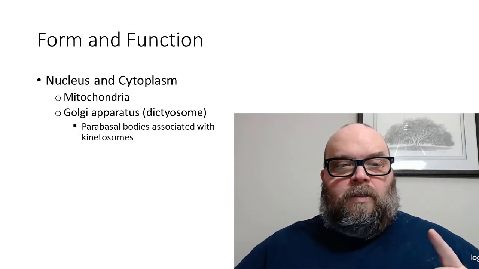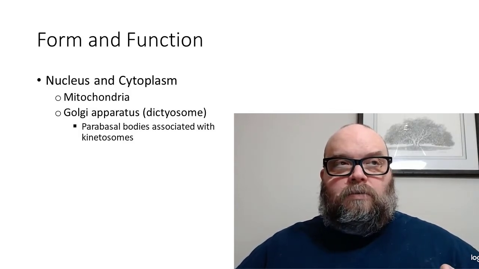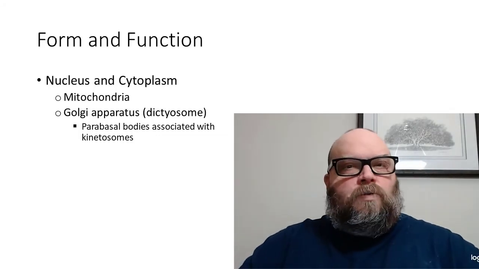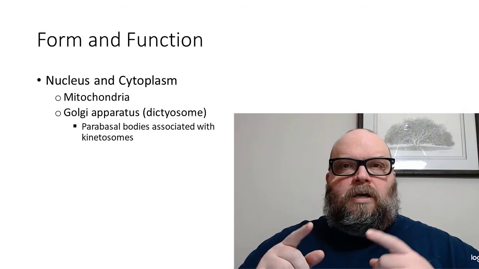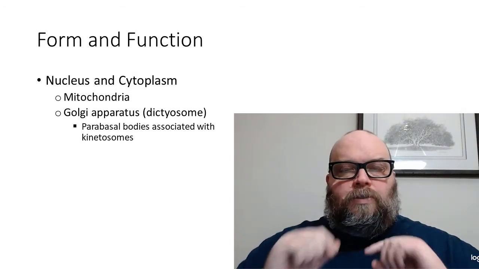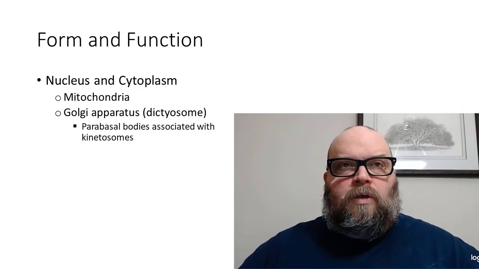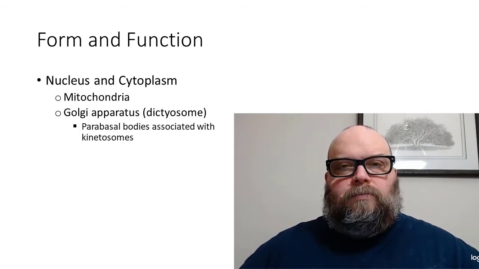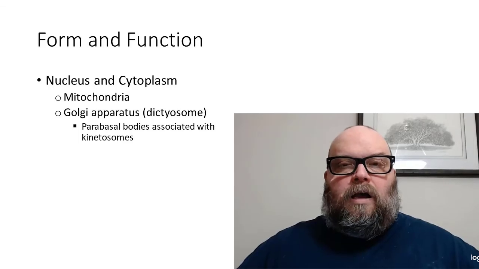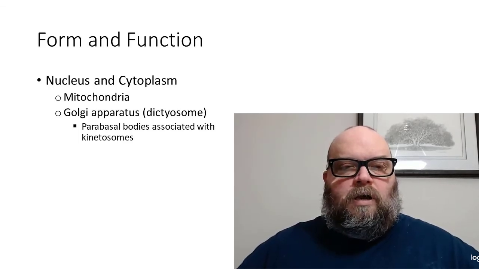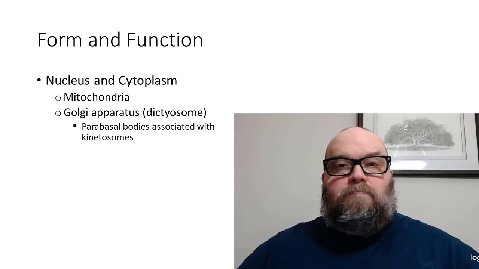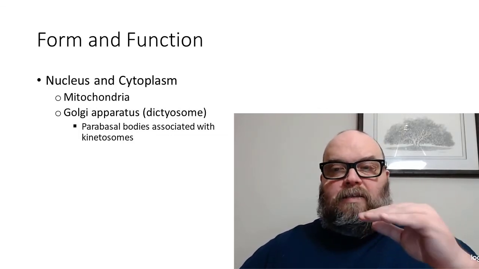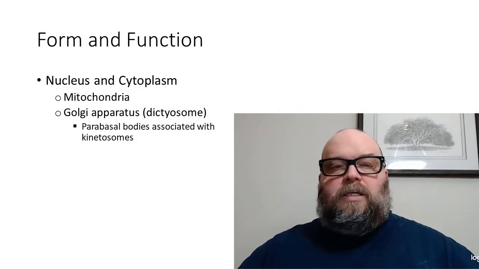Side note here, these dictyosomes do not carry out the same work that we would see associated with the normal Golgi. We know this because of what they're associated with. They're associated with what we call parabasal bodies. Parabasal bodies are the protist version of the basal bodies that you would see at the base, acting as the foundation for flagella and cilia.